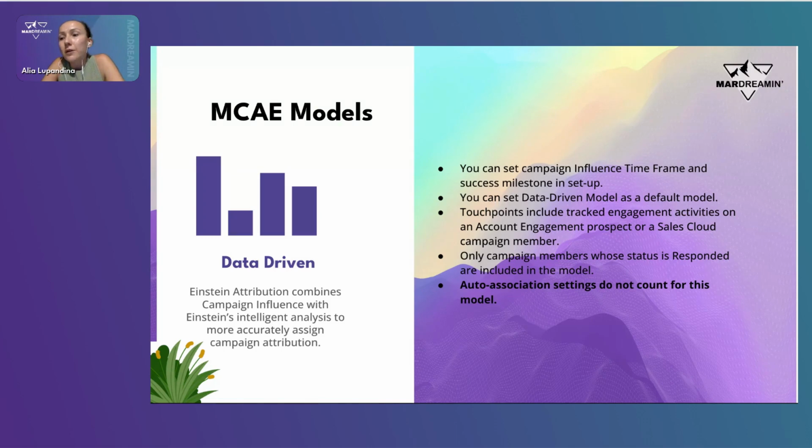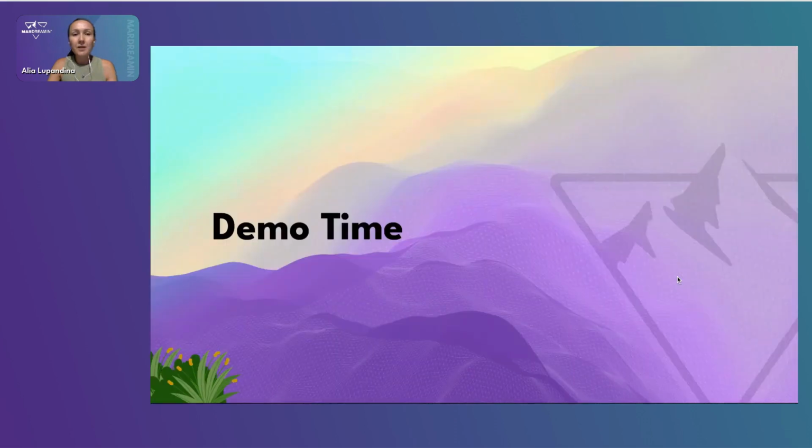So for sure, the click, the visit of the page will be counted, and their Sales Cloud campaign member status. And important also to understand that only campaign members whose status is responded will be counted for that campaign. So those are all the campaigns I mentioned.